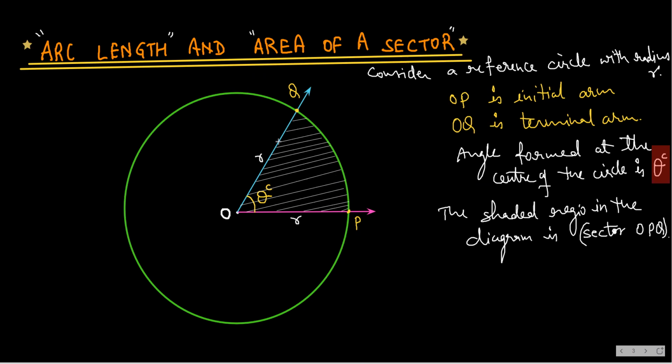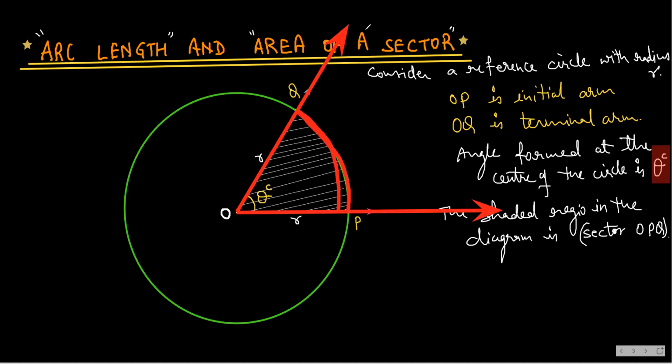It is because the two arms of the angle are OP and OQ, and PQ is the arc.